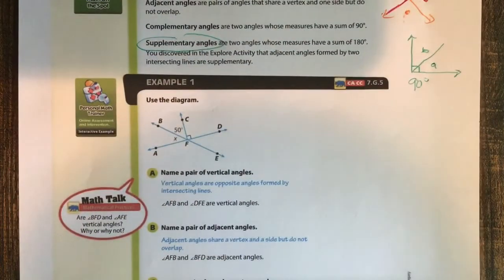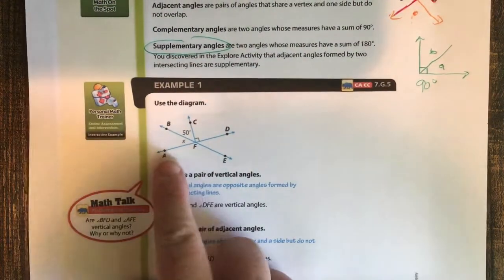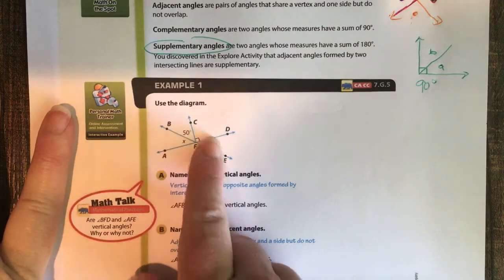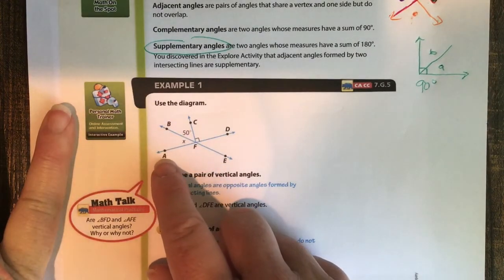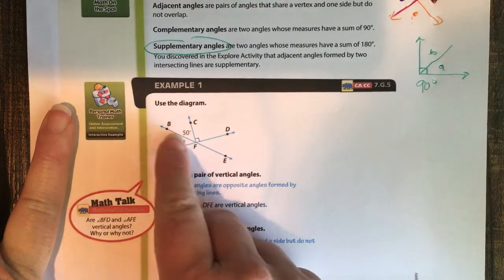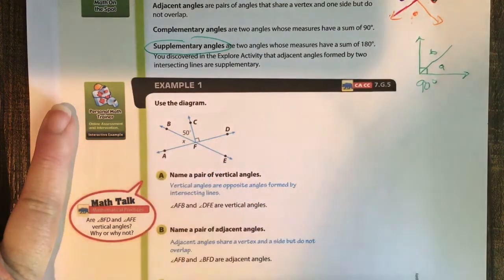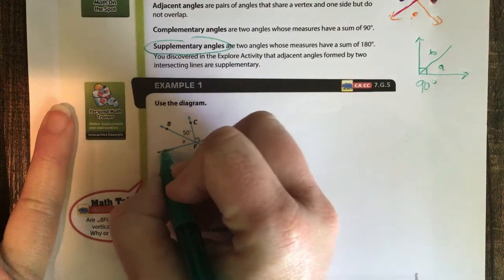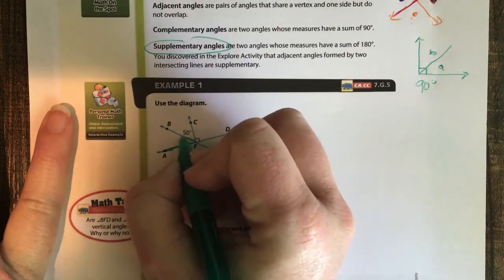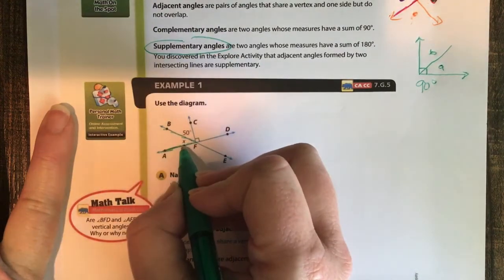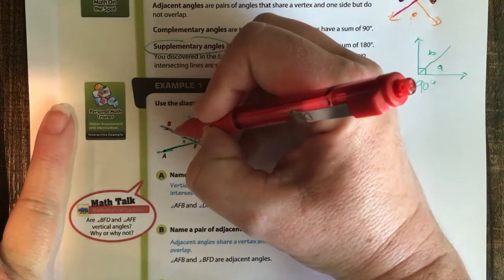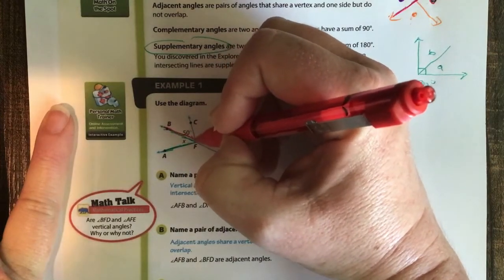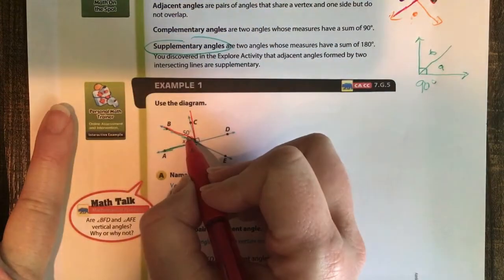So here's our first example. We have this diagram here. We have a whole bunch of angles here, but they did give us some information. I know that this angle AFB, that's this angle right here, AFB, that's going to be X. They told us that angle BFC is 50 degrees.